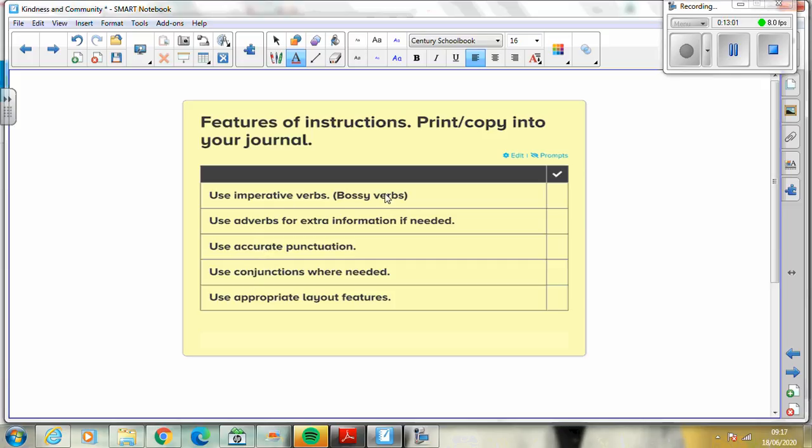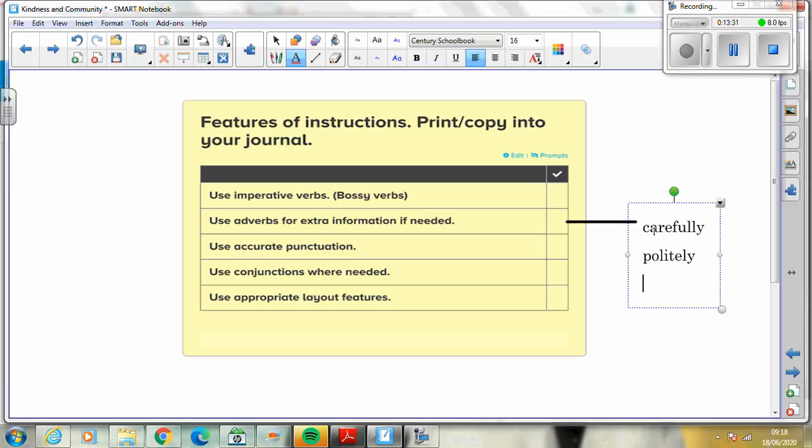So bossy verbs, phone up your friend, ask a grown-up, tell your friend a joke. So it's an instruction. You're using adverbs for extra information. Adverbs are words like carefully, politely.